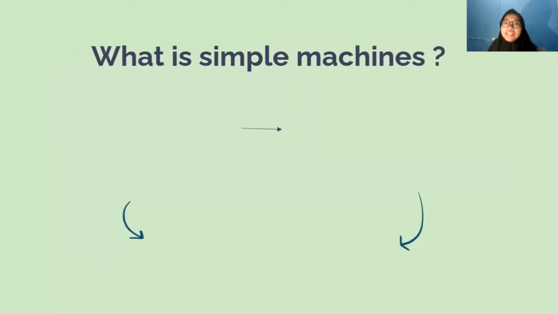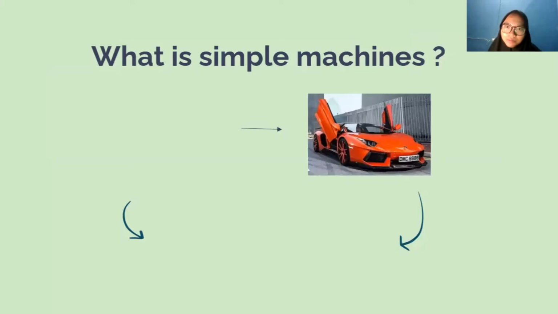So, what are simple machines? Before I explain the definitions, let me show you one picture. This is a picture of modern cars. These are supercars, and these cars consist of very complex machines. But a complex machine consists of a bunch of simple machines.